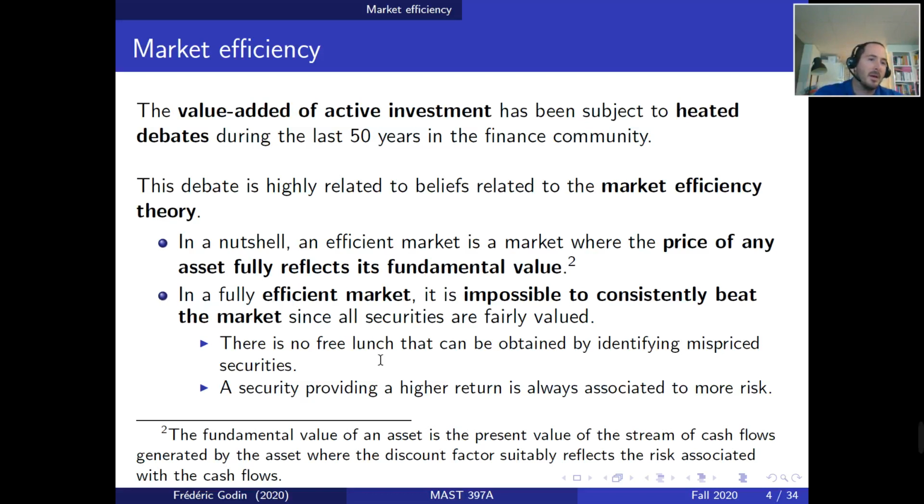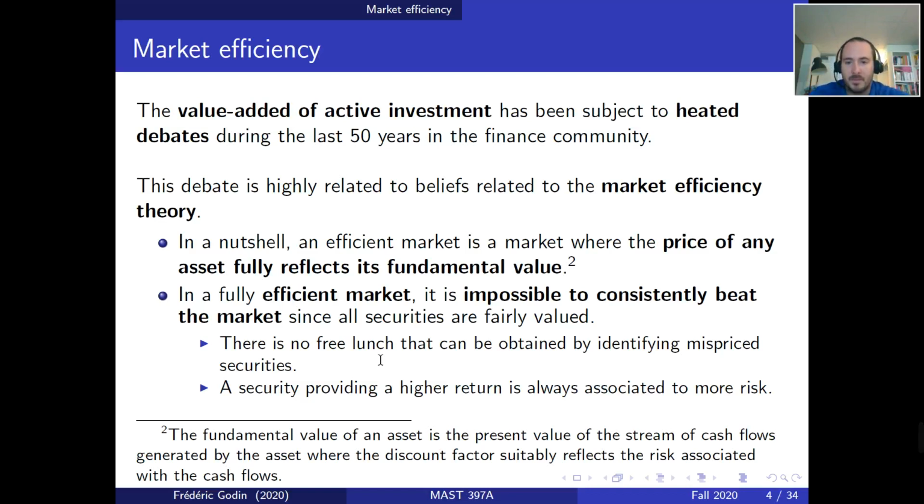Cash flows that are more risky have less value, of course, if investors are averse to risk. But the reason I said the definition remains vague is that the discount factor being consistent with the riskiness of cash flows is vague. It doesn't tell you how to make the discount factor consistent.